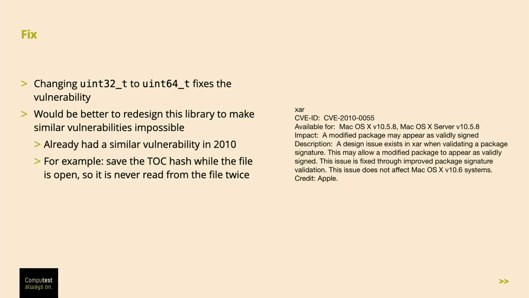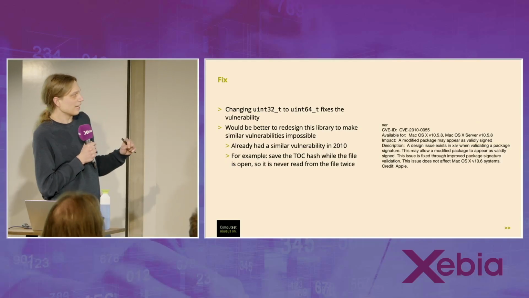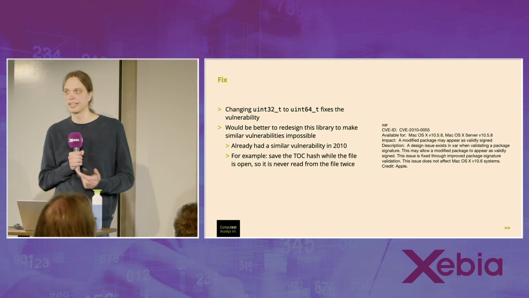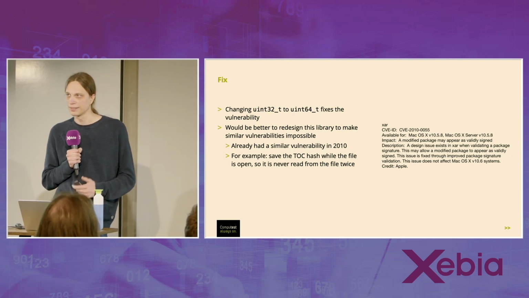Now, that does address the vulnerability, but I do feel like it would be better to make some changes to the library to make this vulnerability harder to reintroduce in the future. Because there has been a similar vulnerability back in 2010. So 13 years ago, they had a vulnerability almost the same as this one.